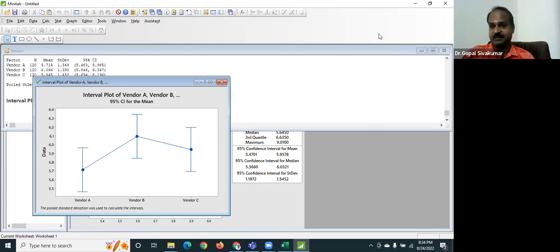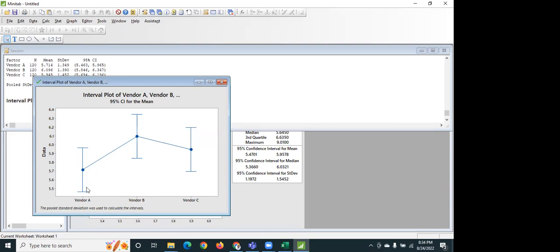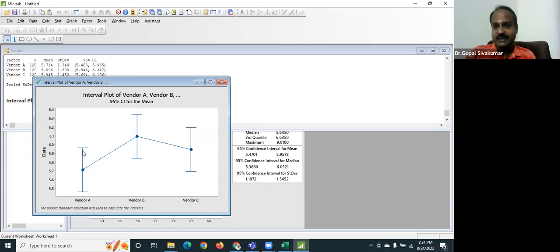This is statistical. When you see 40,000 to 65,000, even a common man can say, yes, sir, statistically it is different. But for smaller values like 5.4 and 5.9, you look at the confidence limits.